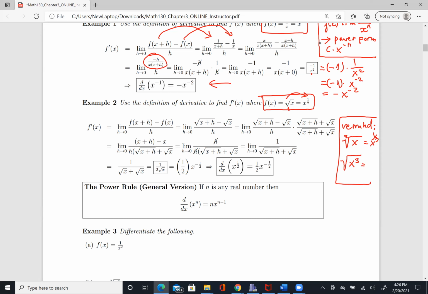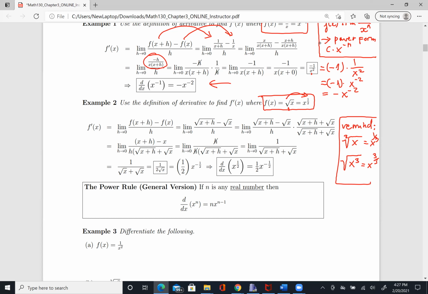To change it to power form, the top of the exponent should be 3, and the bottom is the index of the radical, which is the hidden number 2, because this is a square root.